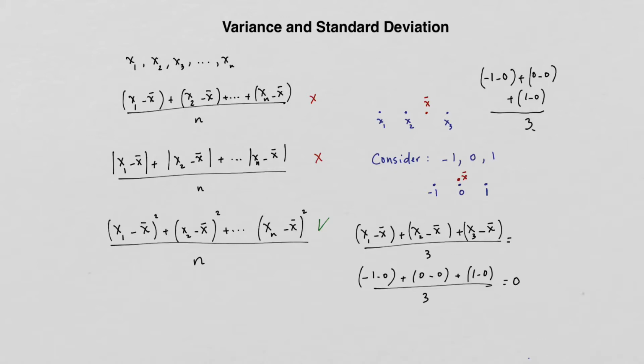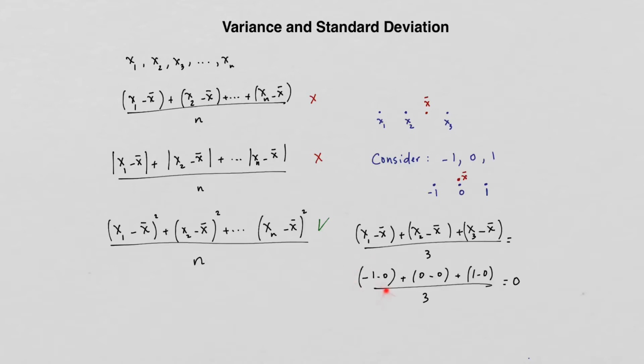So 0 means all of them are almost like sitting on each other. x1 and x2 and x3 are all sitting on 0, right? So this idea of figuring out the deviation of x1, x2, xn away from x bar is very misleading, because that negative value might cancel a positive value. Look here, for instance: -1 minus 0, plus 0 minus 0, plus 1 minus 0. That's what I was trying to do here, right?